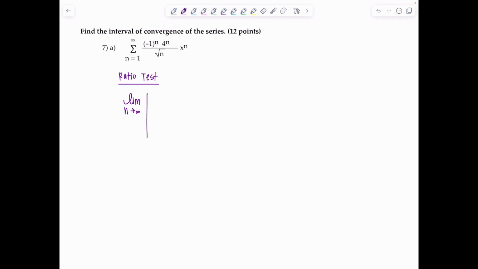Absolute value, a n plus 1, so that would be negative 1 to the n plus 1, 4 to the n plus 1, x to the n plus 1, over rad n plus 1, divided by a n, so I'm already going to multiply by the reciprocal, rad n over negative 1 to the n, 4 to the n, x to the n.